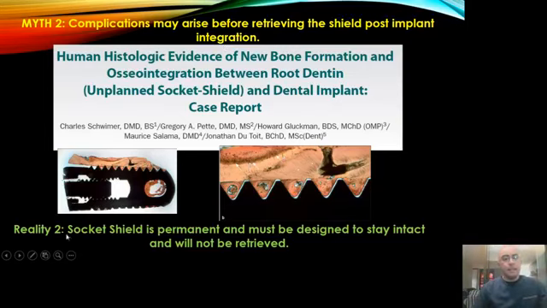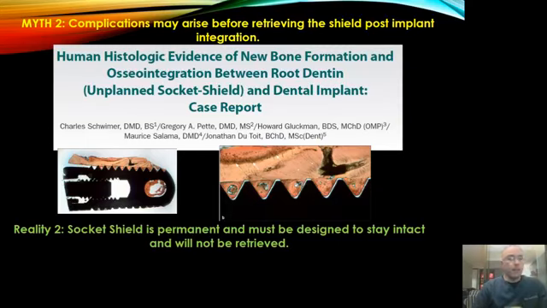The reality is the socket shield is permanent and must be designed to stay intact and will not be retrieved. So we already know that we are leaving this shield intact to the buccal plate. So we are keeping this, trying to protect our implant, trying to preserve the bone around it.